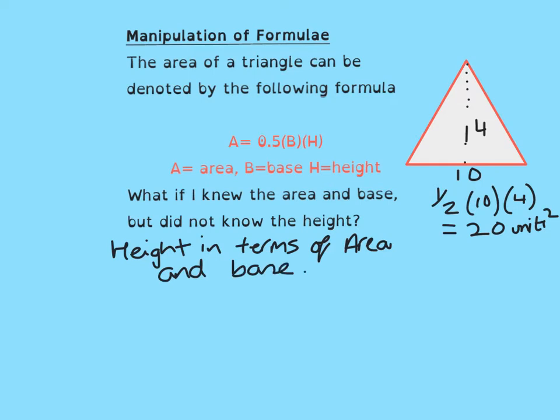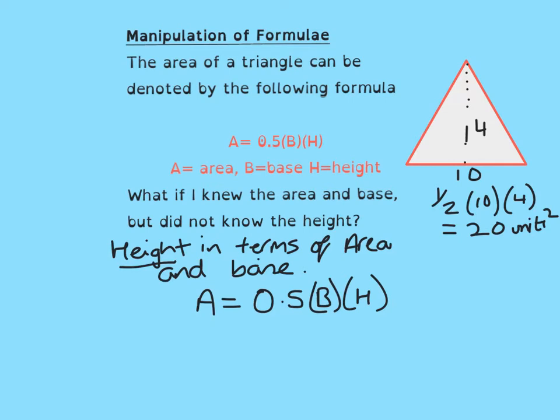So how would I go about manipulating that formula there? Okay, so A is equal to 0.5 B by H. Okay, and when I'm going to write height in terms of area and base, what that means is I want my H on one side and I want everything else on the other side.